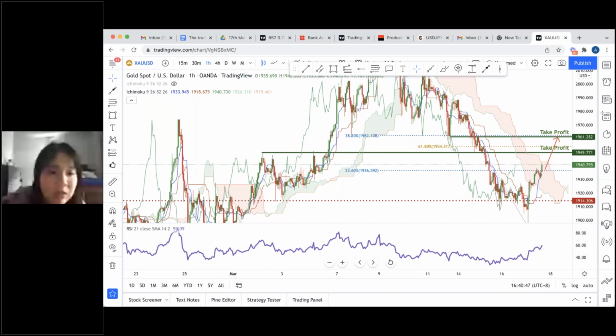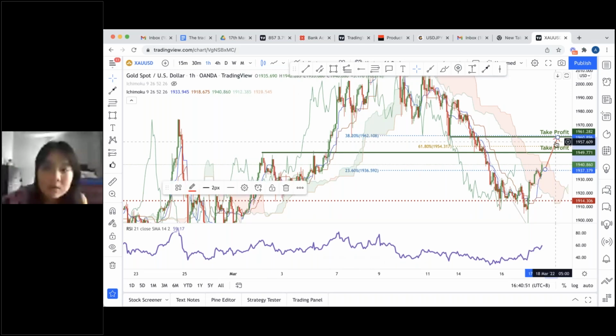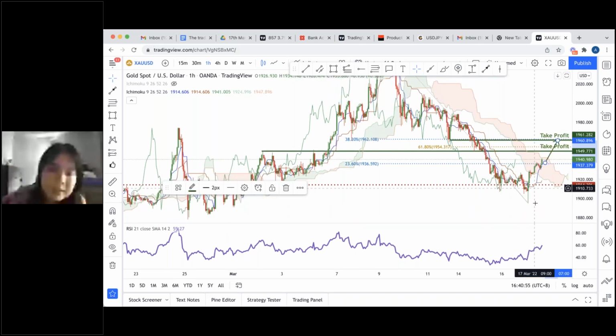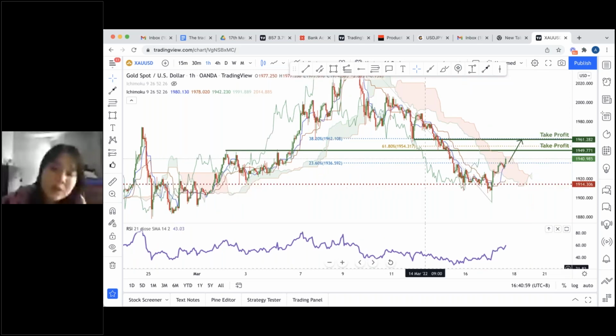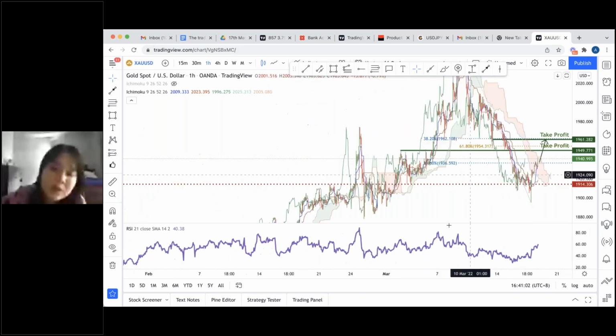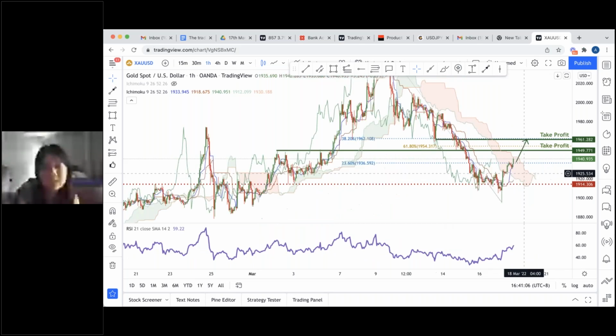And right now I feel like after the very long dip, the market is overdue for bullish momentum. It's actually oversold already, which means that most likely the bullish momentum will be there.